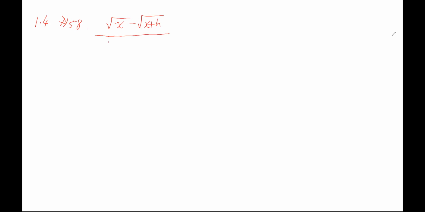So this is h over square root of x times square root of x plus h. The problem is to rationalize the numerator.